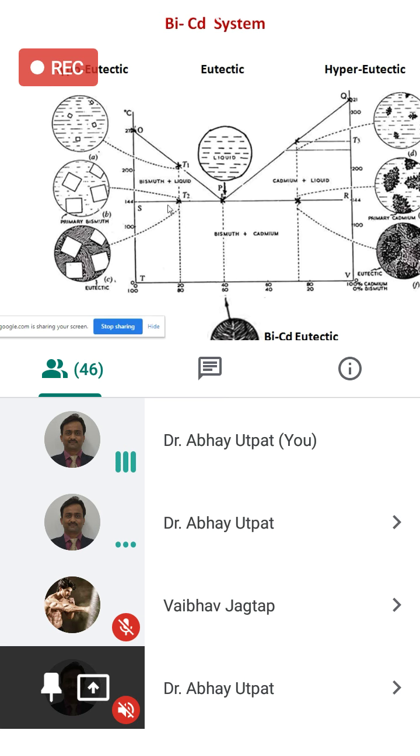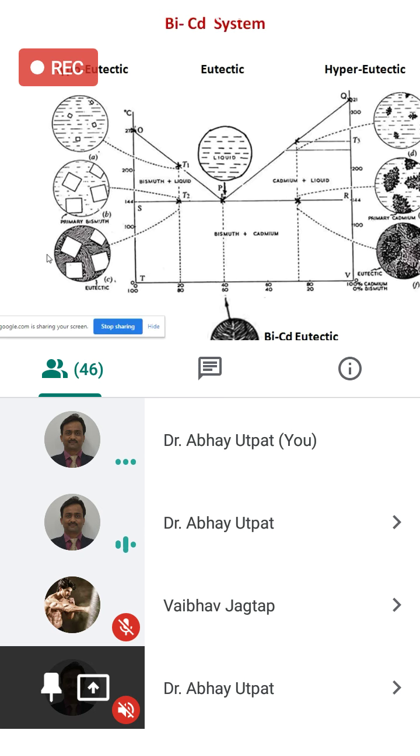I have taken the cursor at point T2 and its microstructure. What you are observing? See figure 2 and figure 3, that is figure B and figure C. The grains in figure 2 are kept as they are, and what is shown is some lamellar, hatching structure.